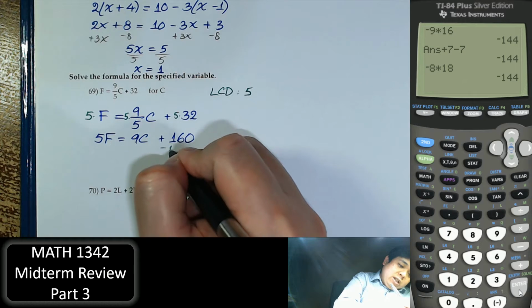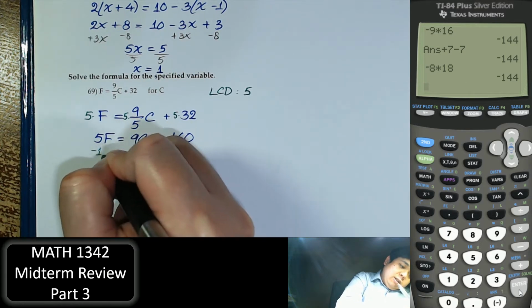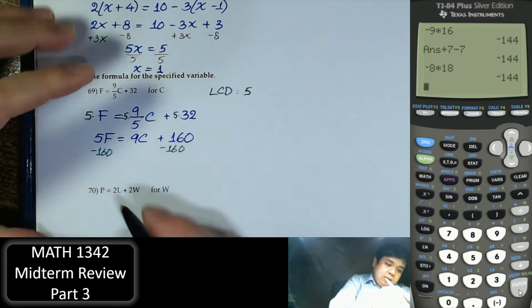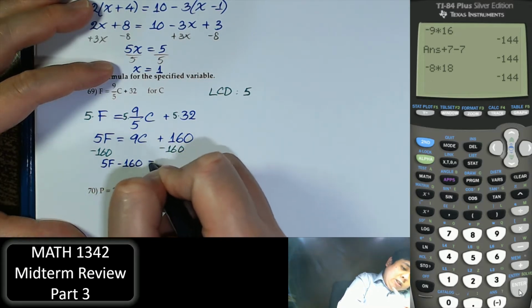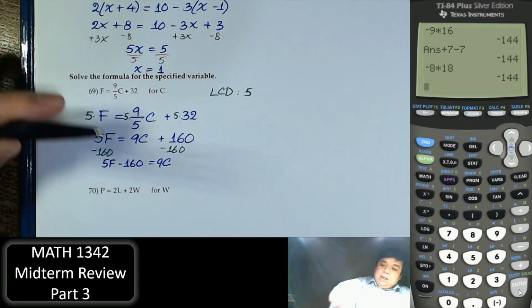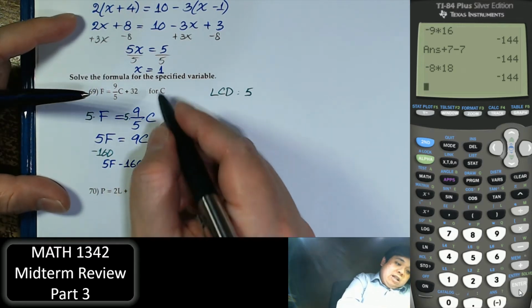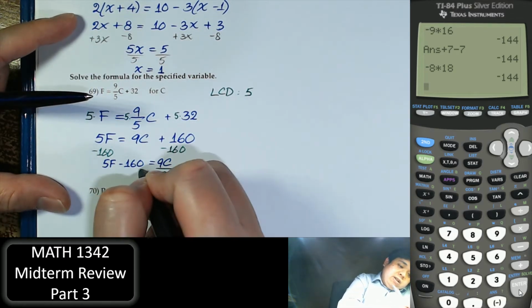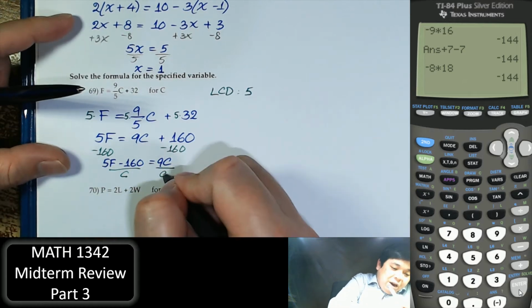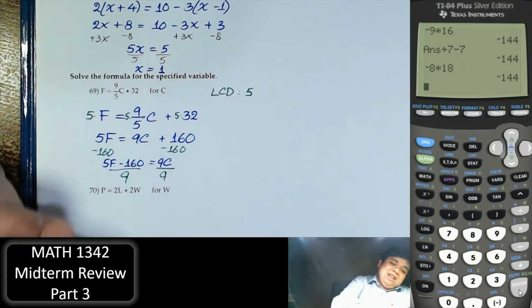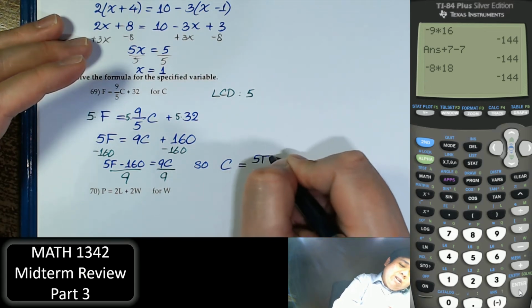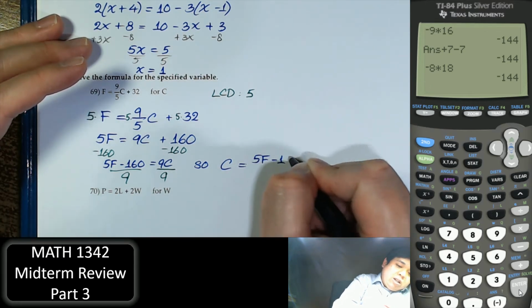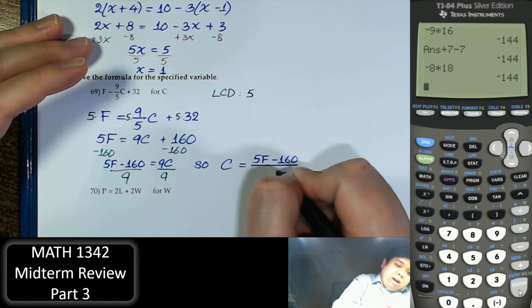And then we minus 160 on both sides. If we want to get the C by itself, divide both sides by 9. So in that case, we have C equal to 5 times Fahrenheit minus 160, divided by 9.